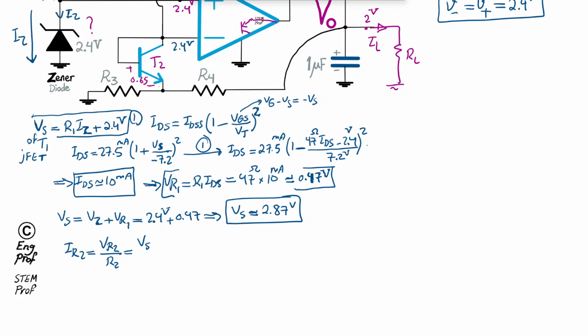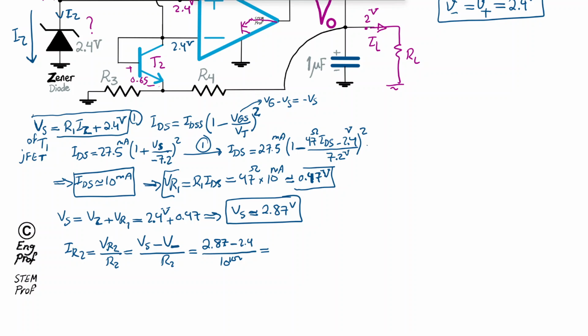VR2 is the voltage of source for the N-channel JFET minus the voltage of the negative terminal of the op-amp, V negative, divided by R2. So it is therefore 2.87 minus 2.4, of course the same voltage drop as across R1, and divide by 10K.